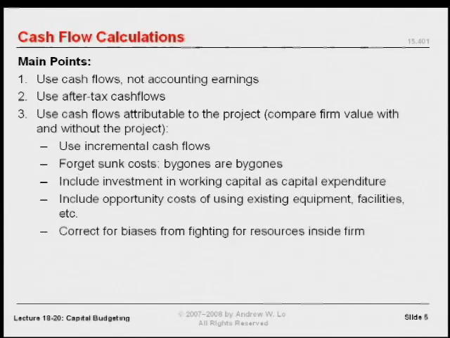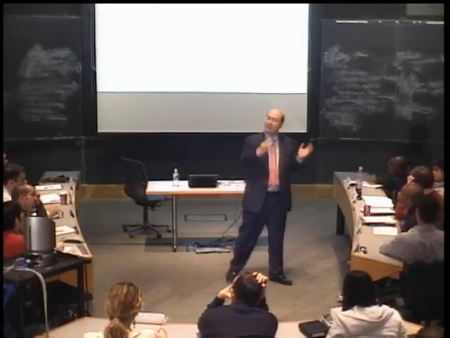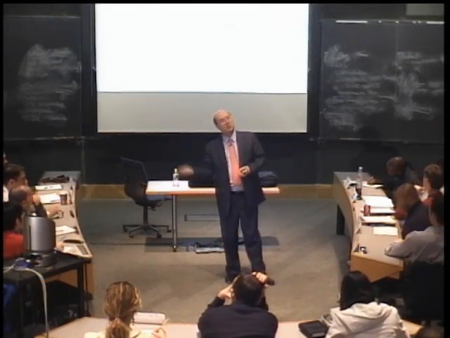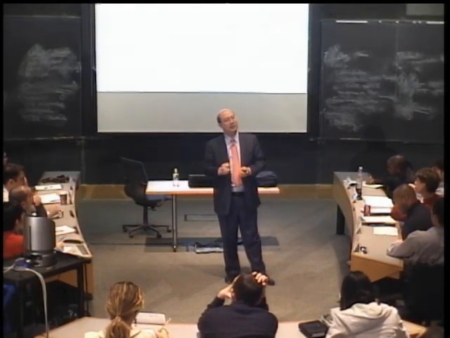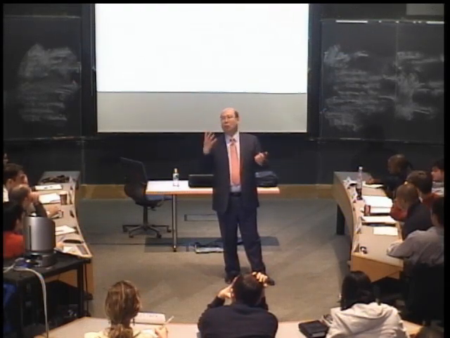And finally, this third point sounds simple, but it's anything but simple unless you practice with it and do a lot of examples. Use cash flows attributable to the project. In other words, you've got to compare the firm with and without the project and look at the cash flows. It's very, very easy to forget certain cash flows that either come along with the project or have to be spent if you take on the project, and you'll end up missing one element or another.